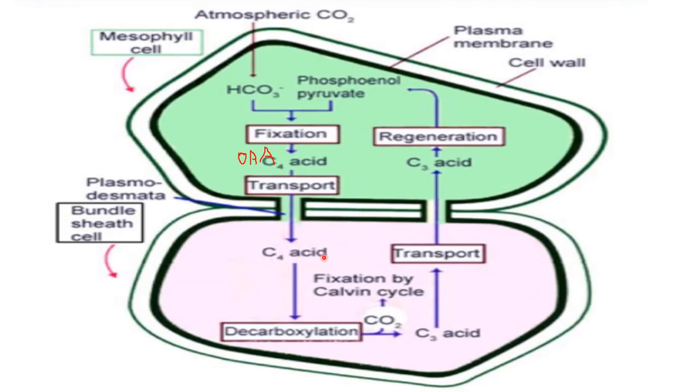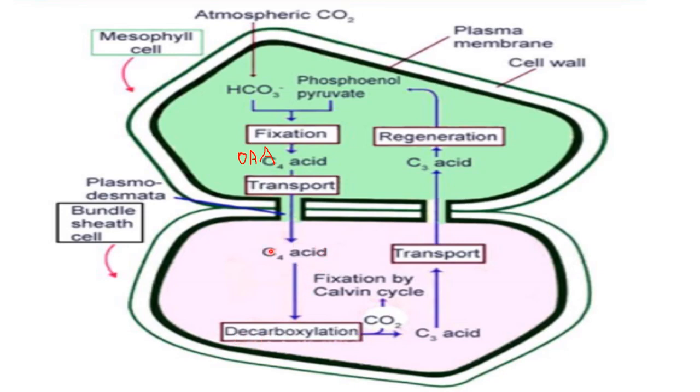So this C4 acid, which can be malic acid or aspartic acid, is now present in the bundle sheath cell, and now what happened with it? Decarboxylation. Decarboxylation means removal of carbon dioxide, carboxylation means addition of carbon dioxide.